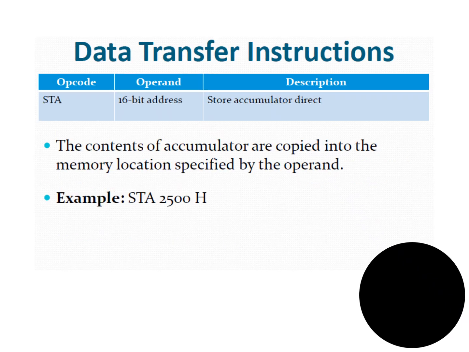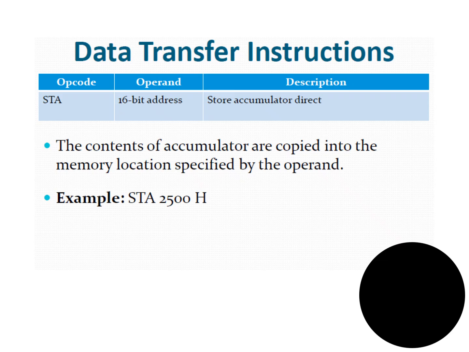STA is nothing but what LDA does in reverse, right? STA, SHLD, all these store instructions copy the data from the registers of your microprocessor to the memory location. So that is the concept of the store instruction.